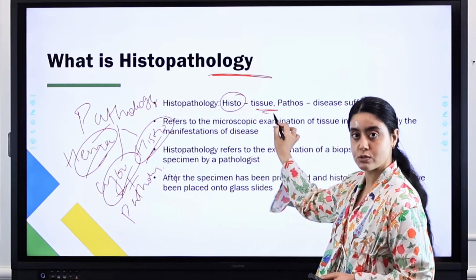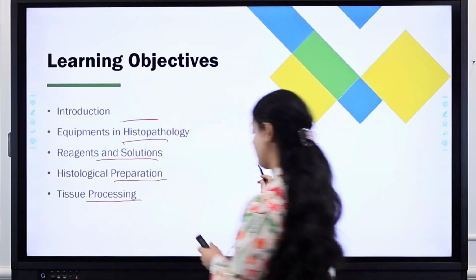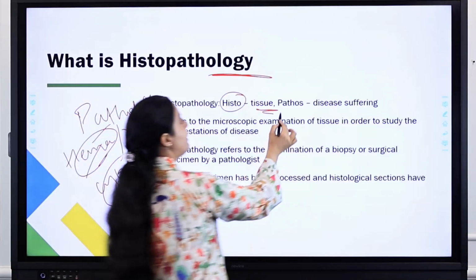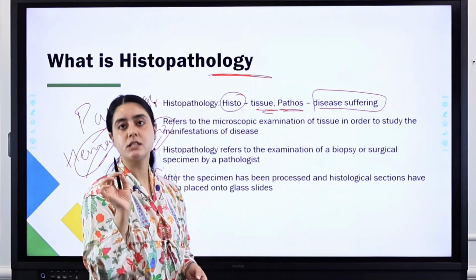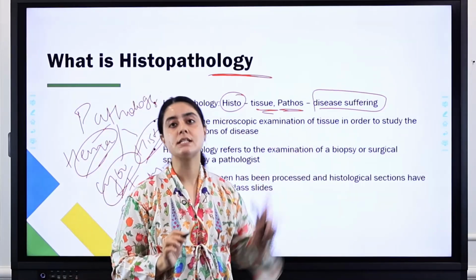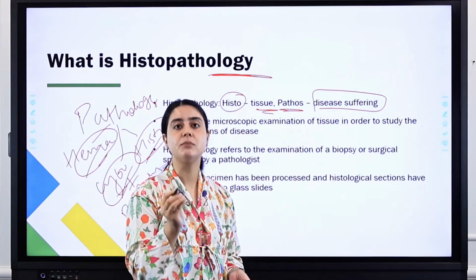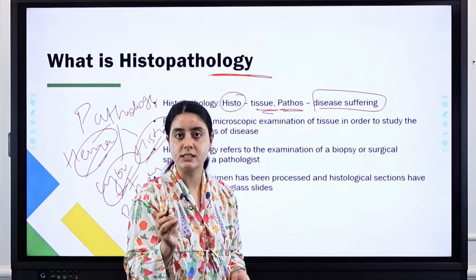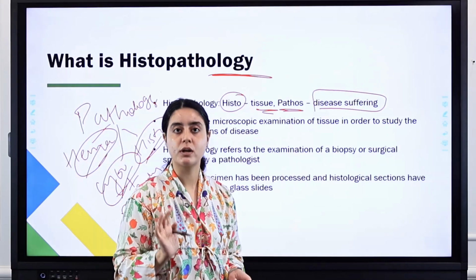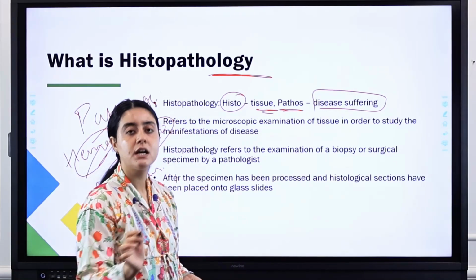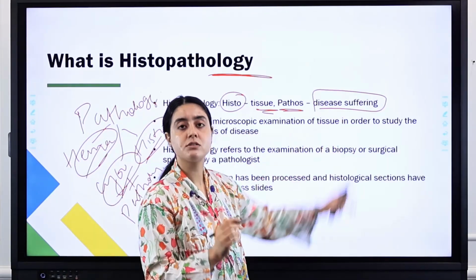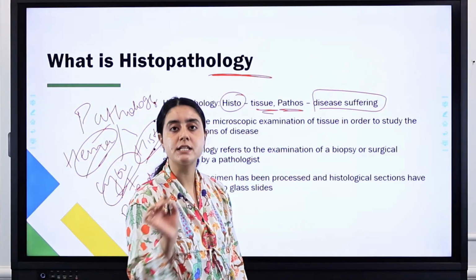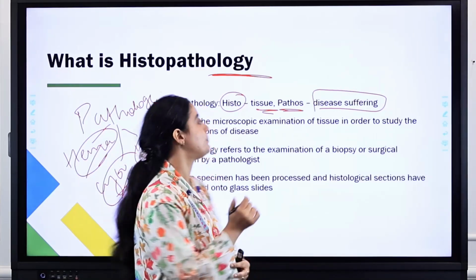Histo means tissue and pathos means disease, suffering. The patient has some disease, he is suffering from some disease in his tissues. So histopathology means tissue disease, and we have to diagnose whether any disease is present or not in the tissues.